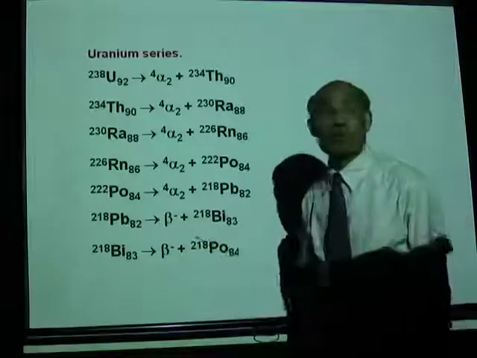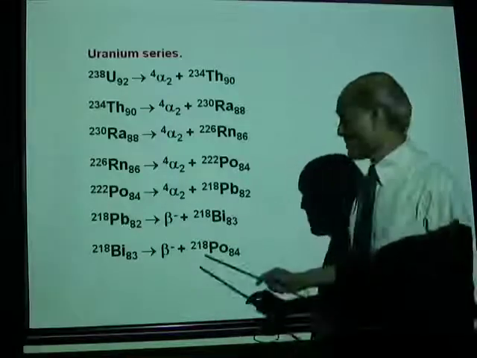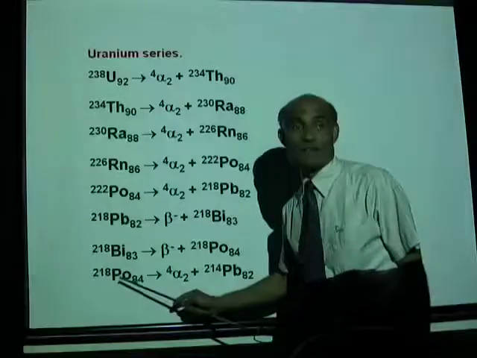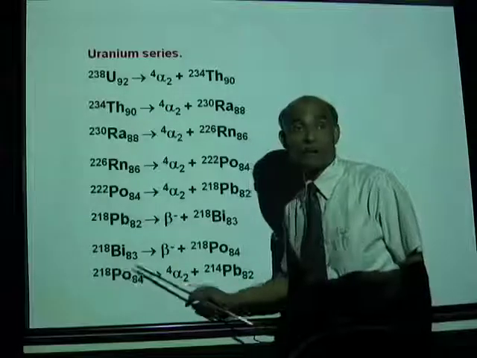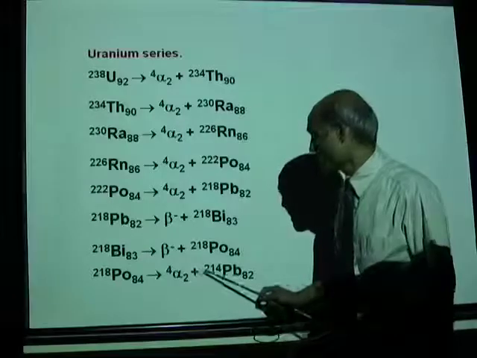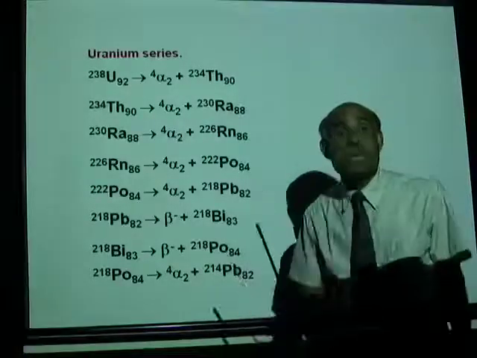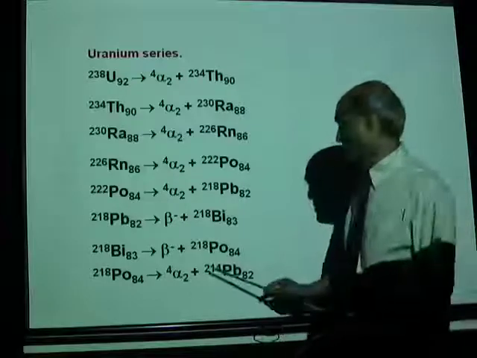Now, this polonium is alpha active. What happens when this emits an alpha? Well, polonium-84-218 emits an alpha, and the resulting daughter is a stable lead isotope.